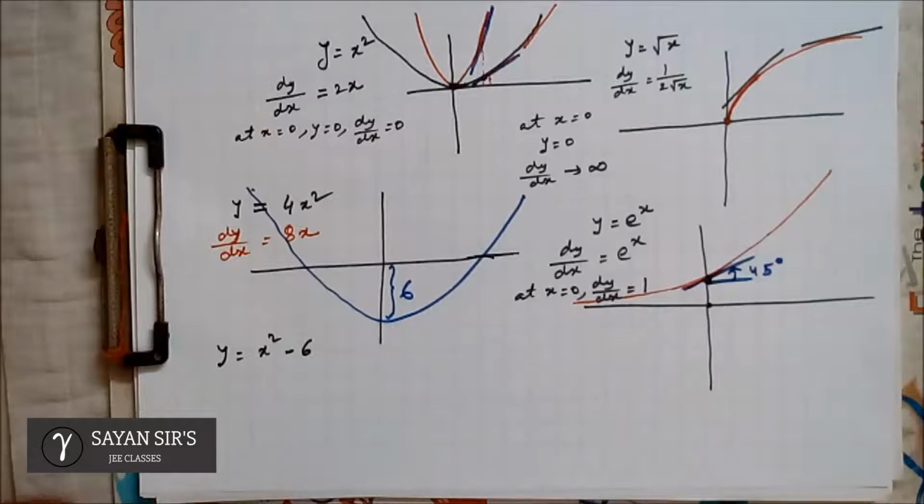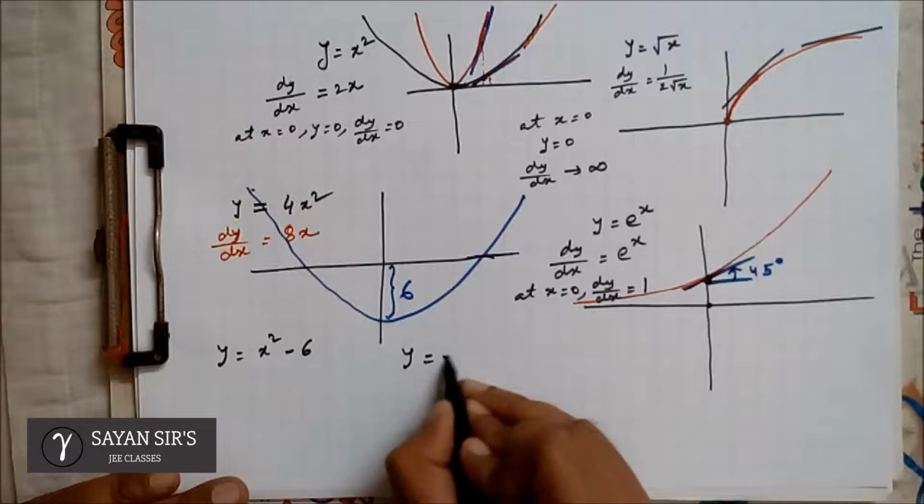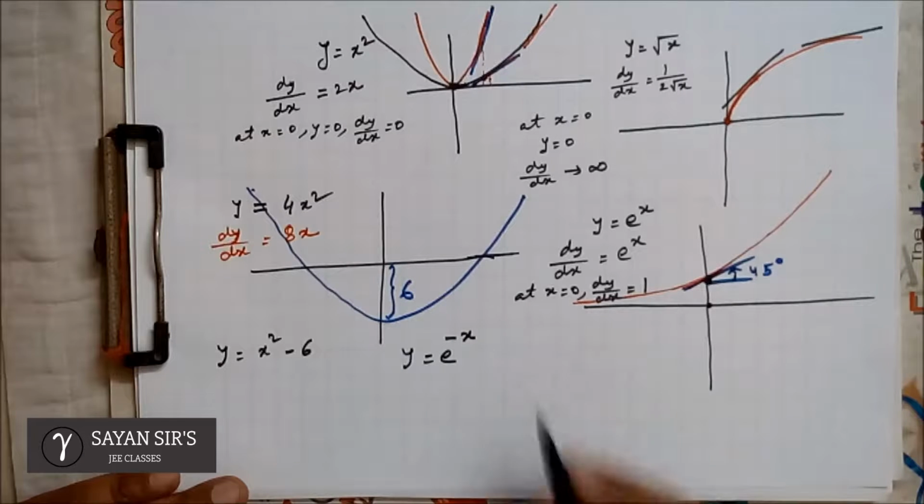So one final example, let us try to find out what the graph of e to the power of minus x will be.